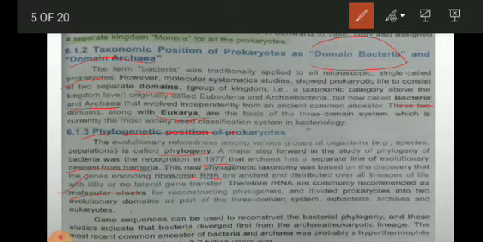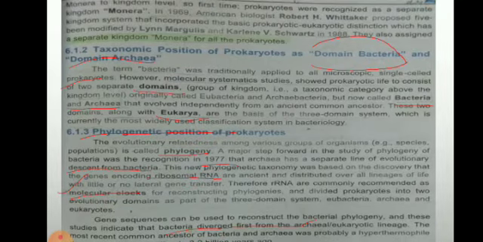So in that, gene sequences can be used to reconstruct the bacterial phylogeny, and the studies indicate that bacteria diverged first from the archaea and eukaryotic lineage. Now we will see its phylogeny in the diagram, then you can understand it properly.